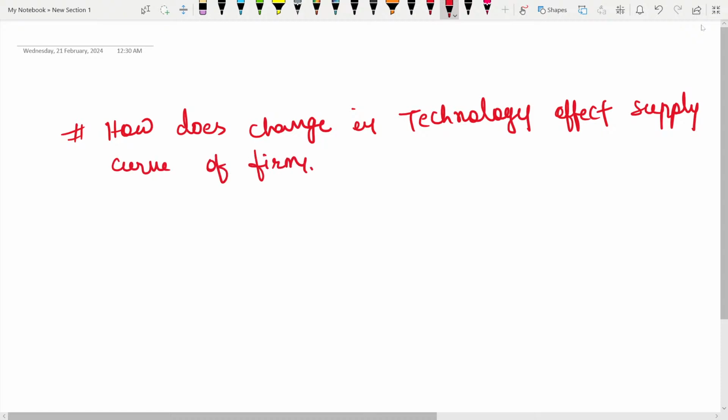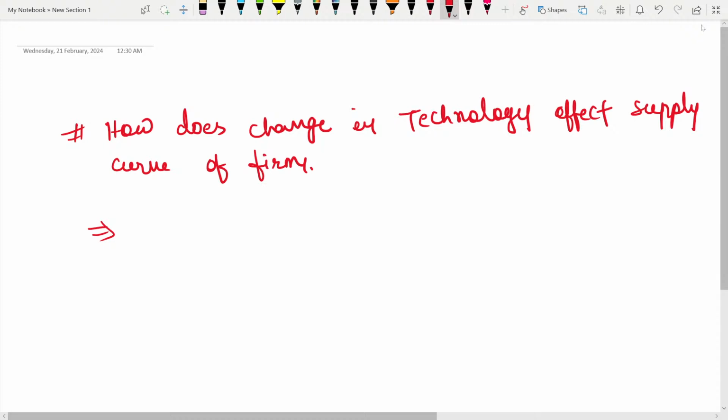We have talked that there are so many factors which are responsible for a certain supply curve or a movement in the supply curve. But if we talk particularly about what those factors are, technology is one of the major changes that can affect the supply curve. And from another point of view, input price is also responsible for affecting the supply curve.